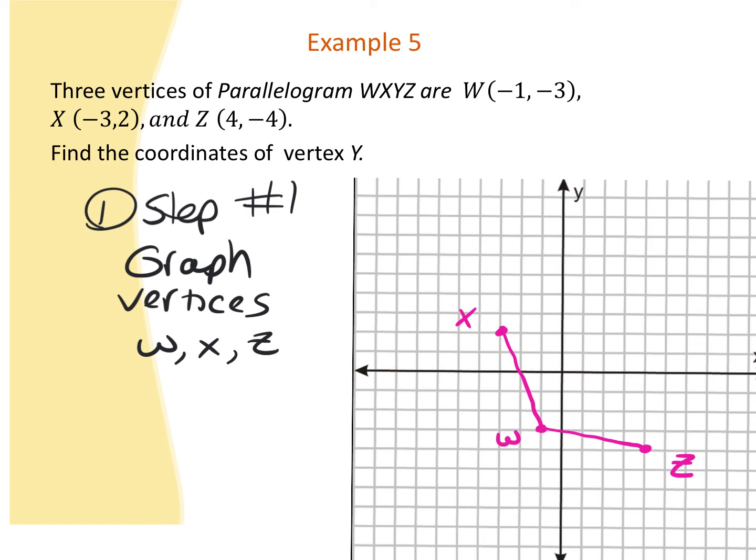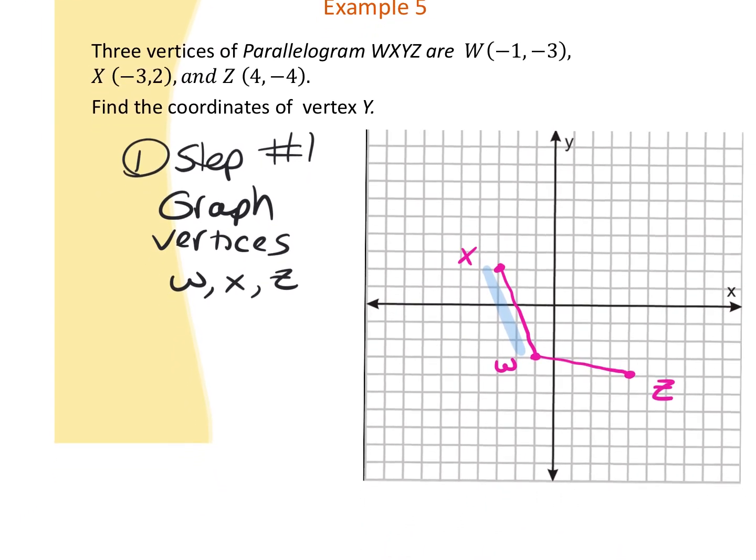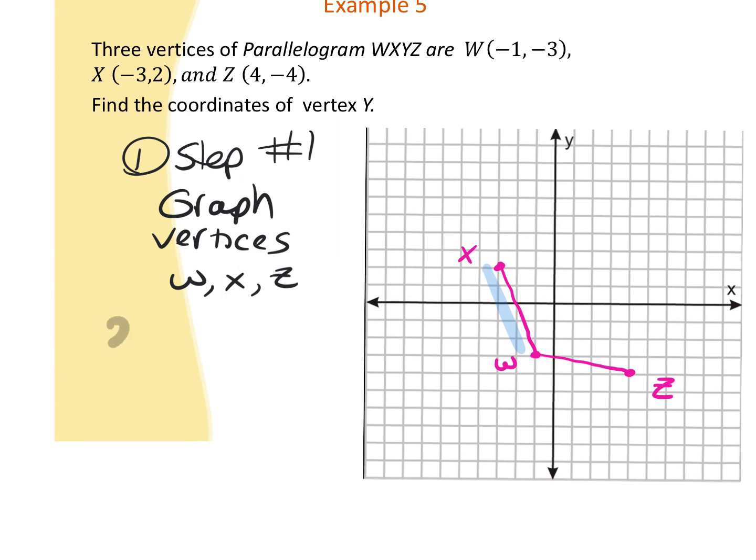So I'm going to find the slope of this side here, WX, and then from there, I'm going to move that rise and run. Now, if you have something that's already graphed on actual graph paper or a picture of a graph, you can count the rise and the run and move that same rise and run. But let me go ahead and just do the slope formula.